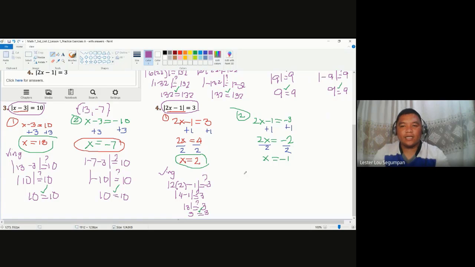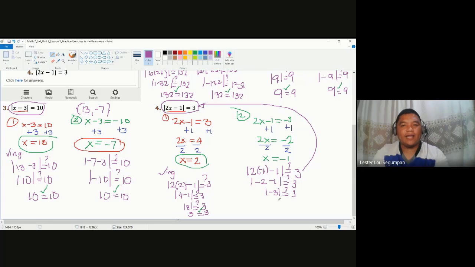For the second checking, you have 2 times negative 1 minus 1, using the original equation. Is the absolute value of it positive 3? 2 times negative 1 is negative 2, minus 1 is negative 3.